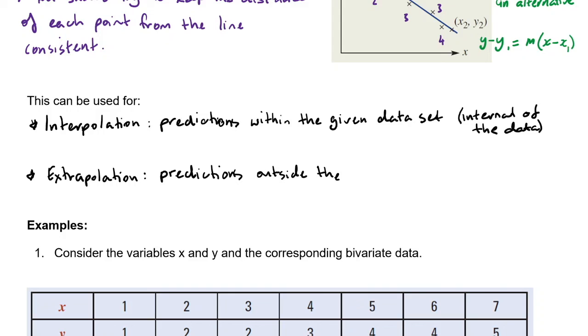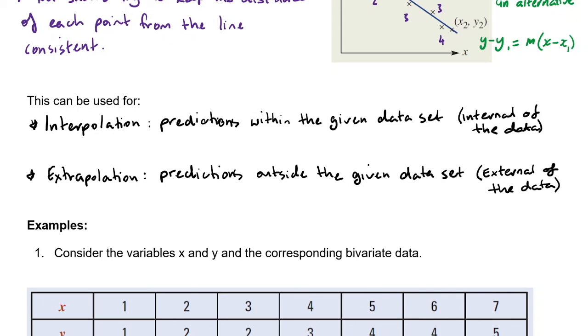So this one's outside the given data set. So this one's external of the data. So interpolation is internal, extrapolation is external.